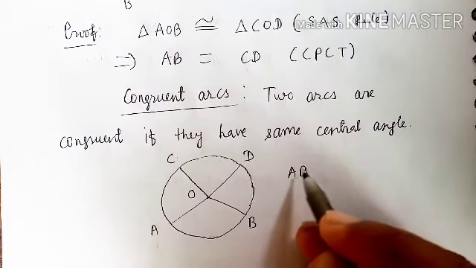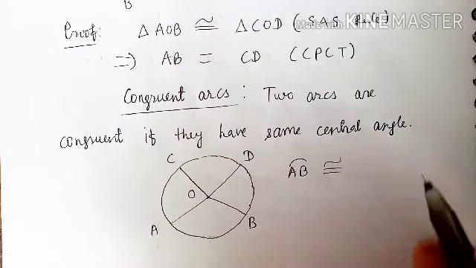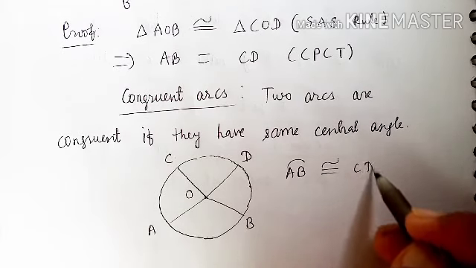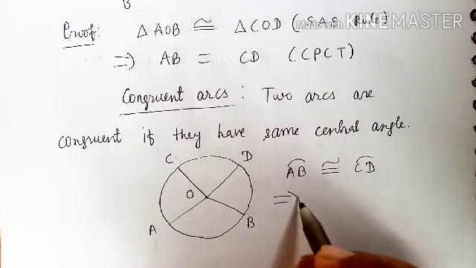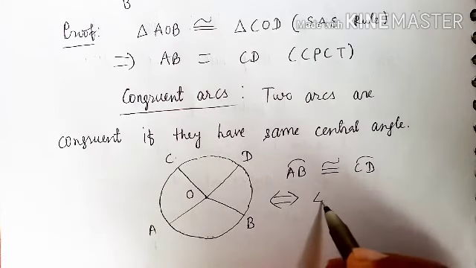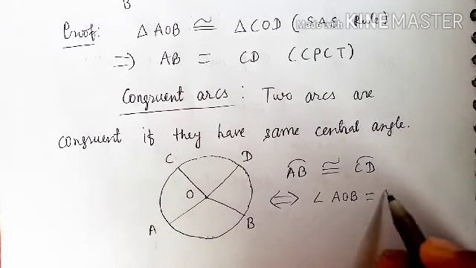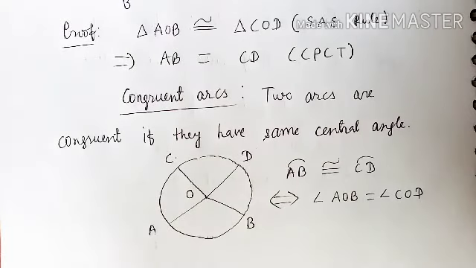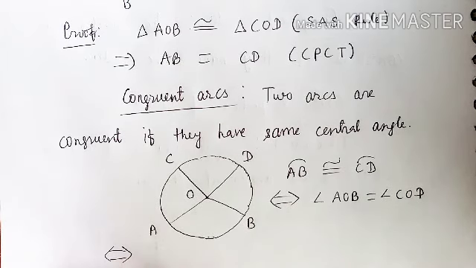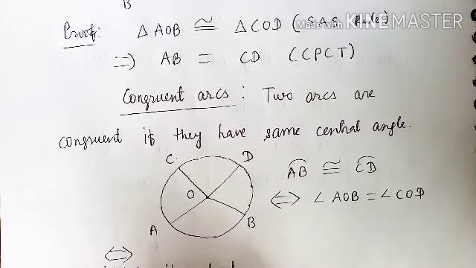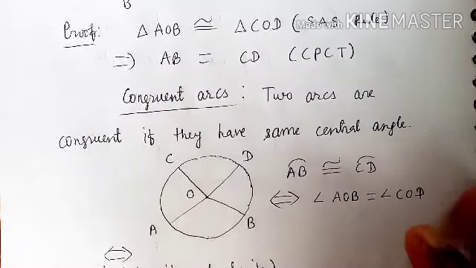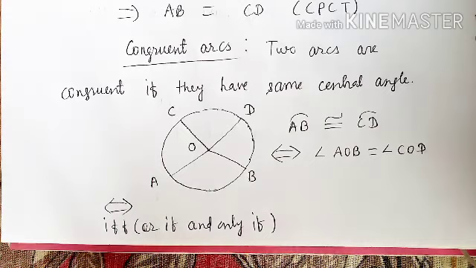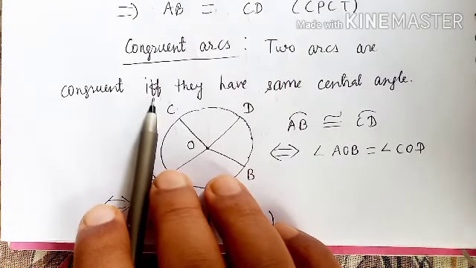Arc AB is congruent to arc CD if and only if angle AOB is equal to angle COD. AOB and COD are central angles. This sign is read as if and only if.